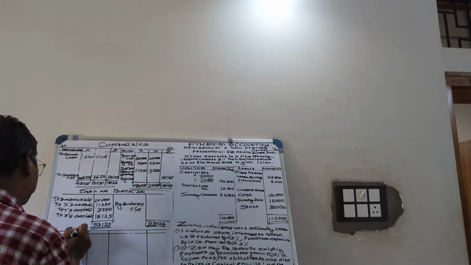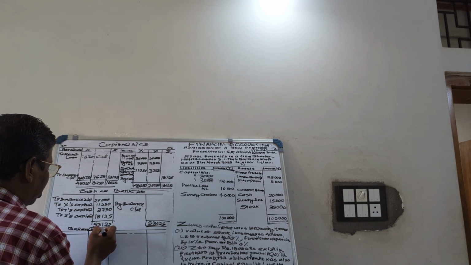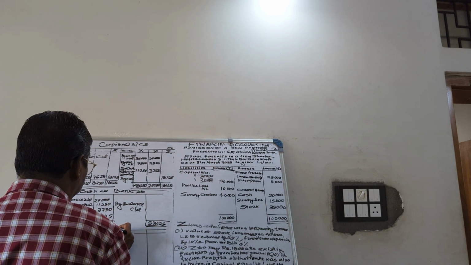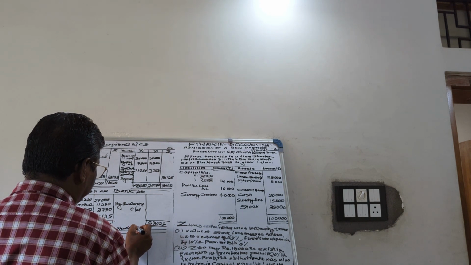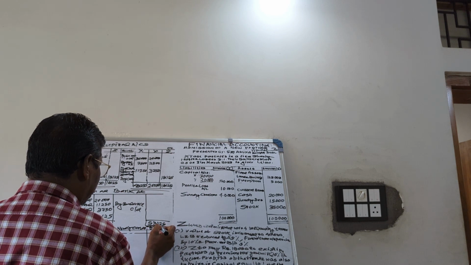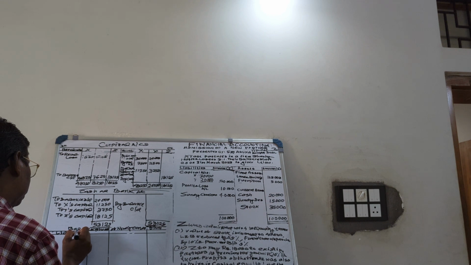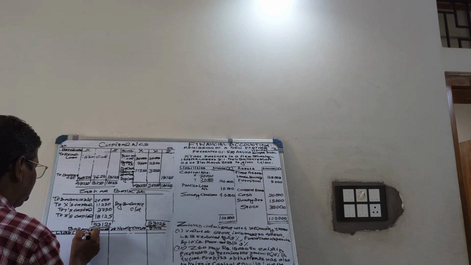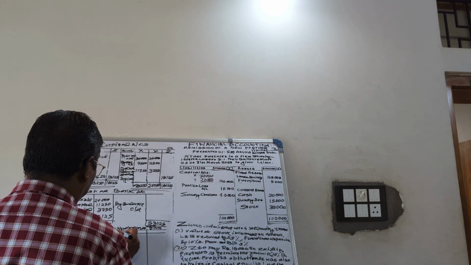So balance sheet of newly constituted firm. That is, left hand side is liabilities, then amount, then assets, amount.